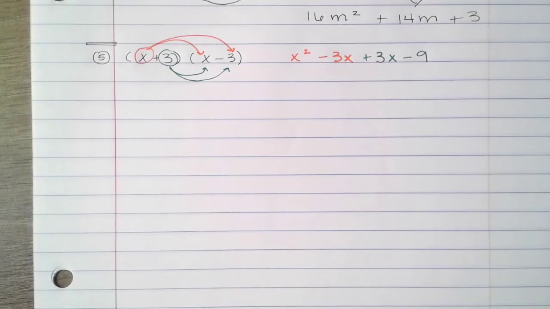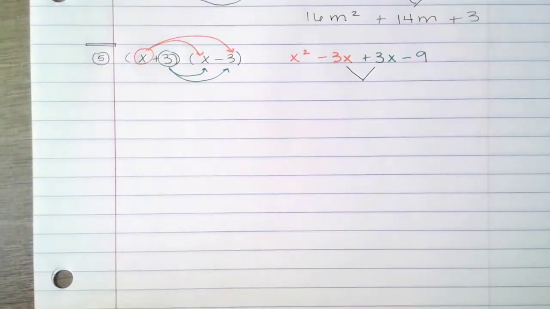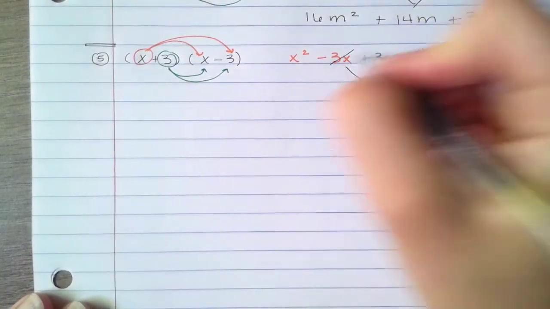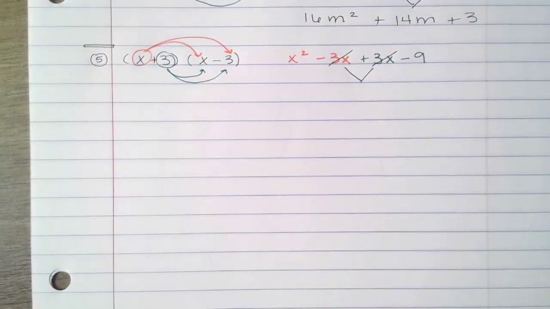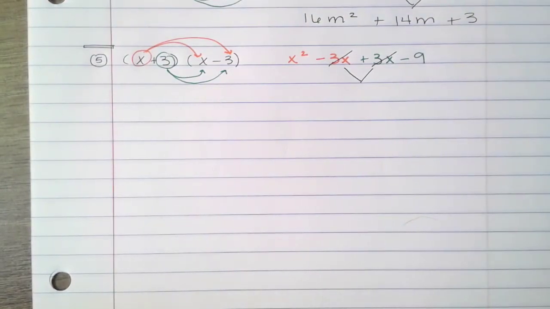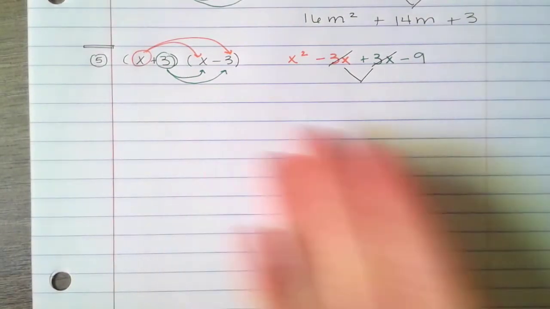And you should be saying, oh, but I know there's a catch. What needs to happen? In this case, we would combine like terms. I have a negative 3x and a positive 3x, and they actually eliminate. That's 0 x's. You could write 0 x's, but don't, because we don't write the number 0 in an expression.